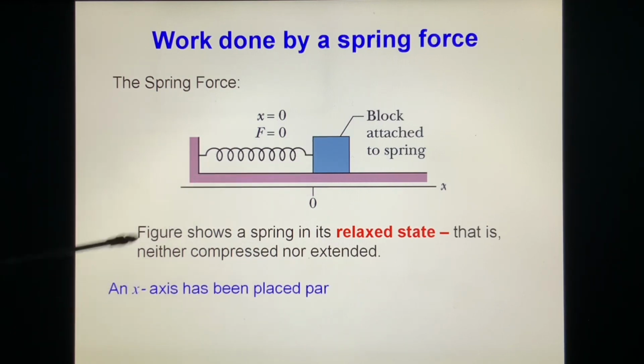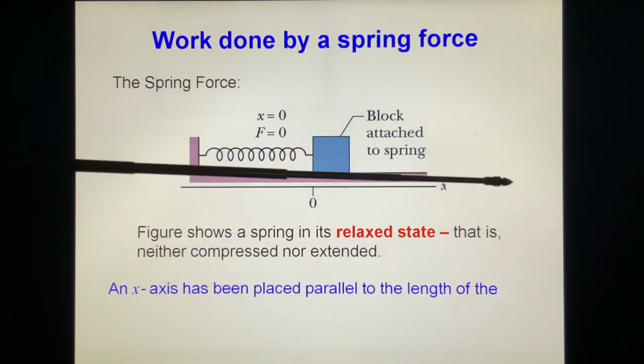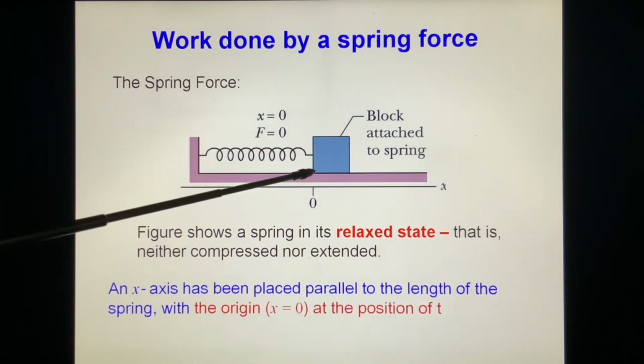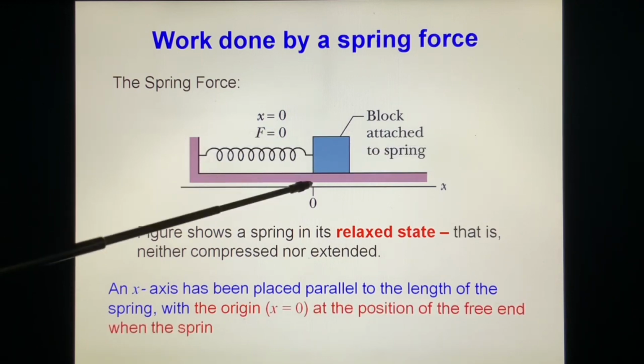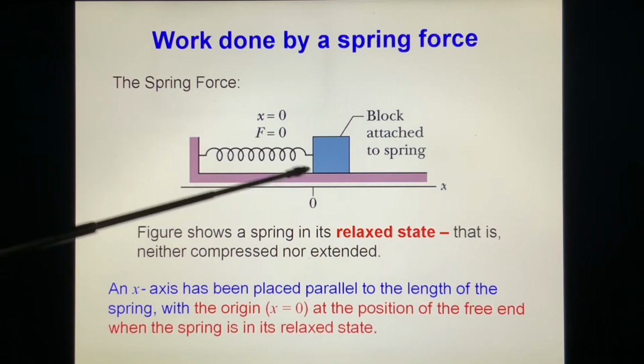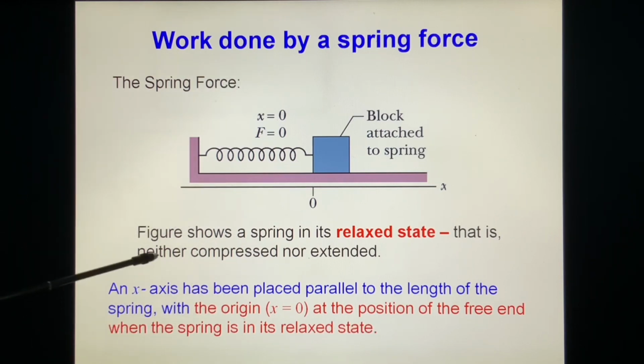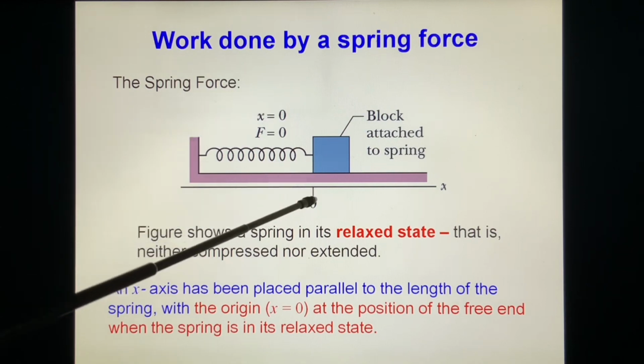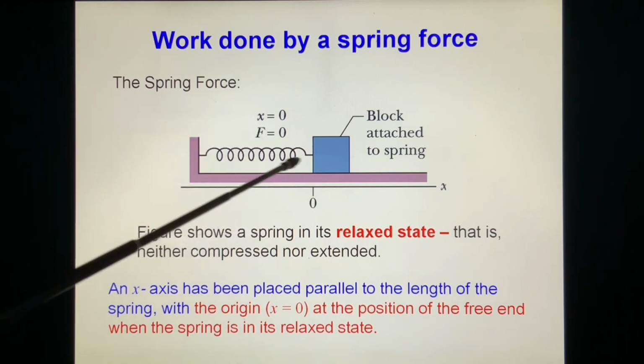An axis has been placed parallel to the length of the spring with the origin x equals 0 at the position of the free end when the spring is in the relaxed state. What is the relaxed state? Neither compressed nor extended. Remember, x equals 0 is at the relaxed state. It's not the length of the spring, okay?